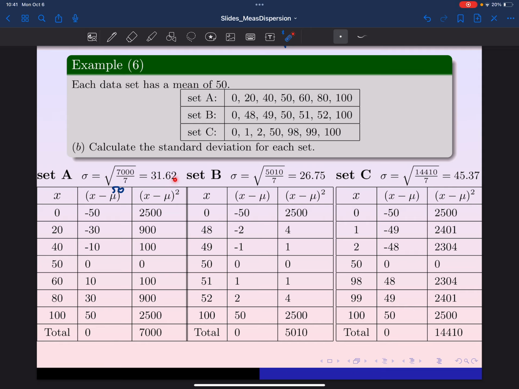So standard deviation for set A is this, for set B is this, and for set C is this. So our prediction was correct. The largest is set C, that's the largest spread. The smallest is set B because the data is all close together. And set A is spread evenly.